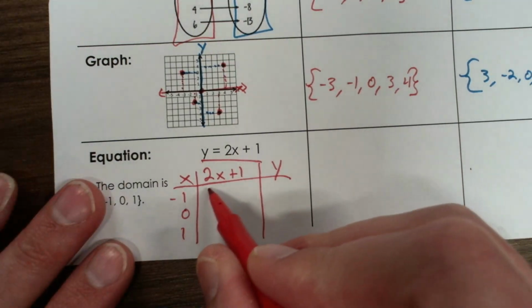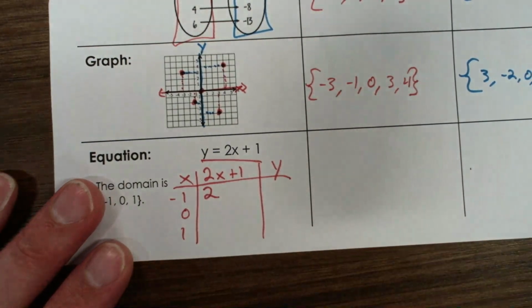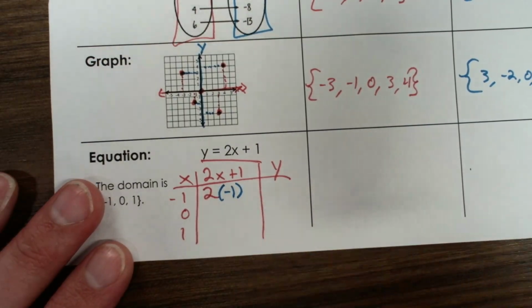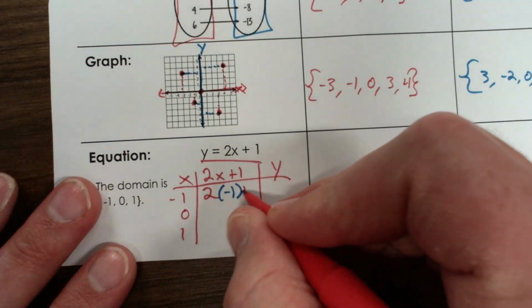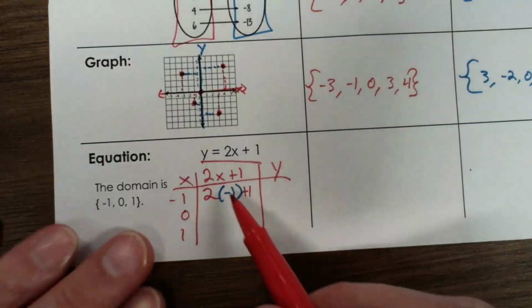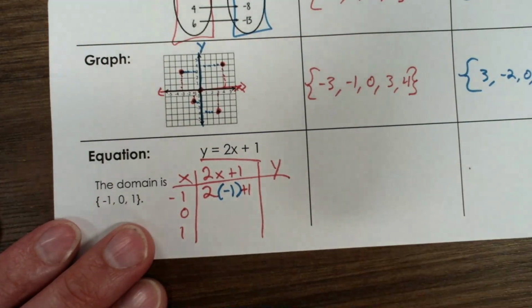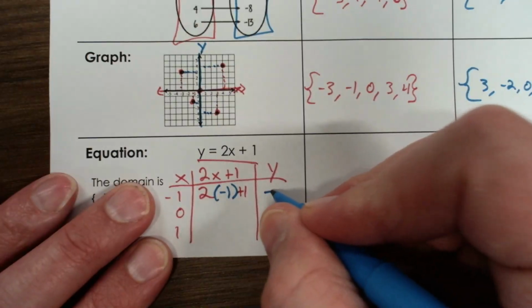So here's how we get our output. We write in 2, we substitute in for x that value, and then we do the math. -1 times 2, that's -2. Plus 1, that is -1.